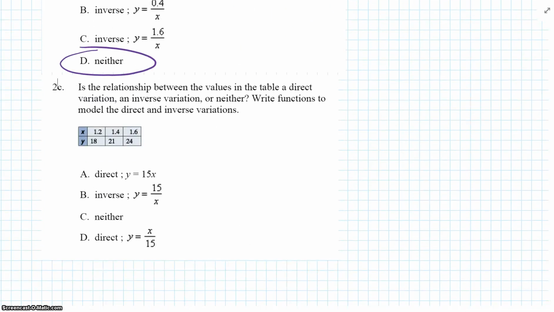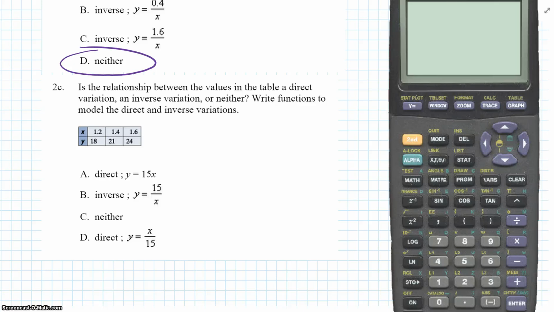Okay, 2c, is the relationship between the values in the table a direct variation, inverse variation, or neither? So let's look. How many times does 1.2 go into 18? I don't know, but we can get our handy dandy calculator out.